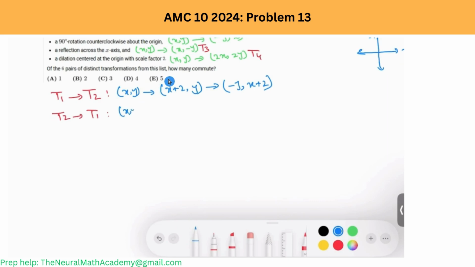Starting with (x, y), applying T2 first gives (minus y, x), and then I get (minus y plus 2, x). Now if we see both of these results, they are not the same. Therefore I would write that they do not commute.